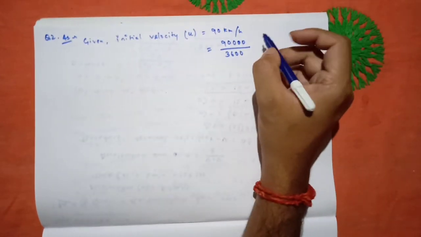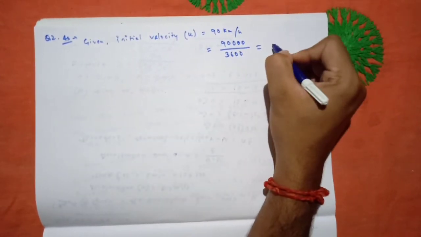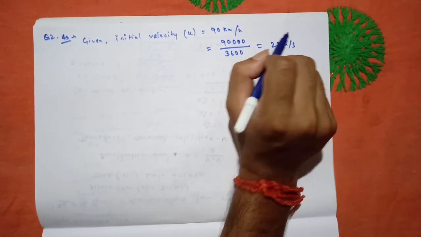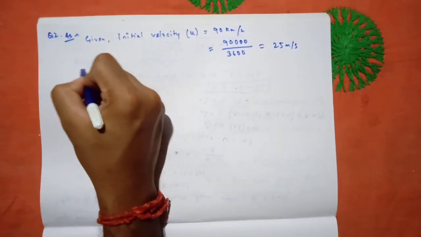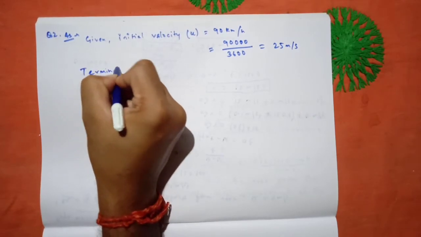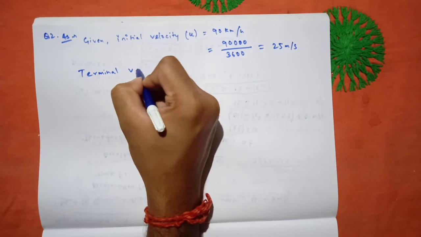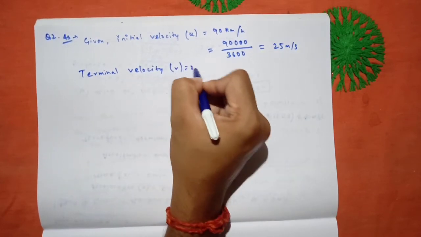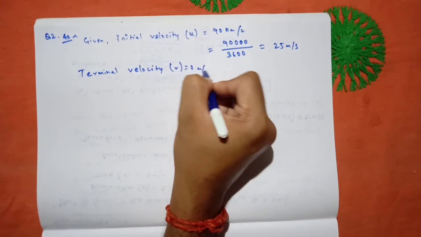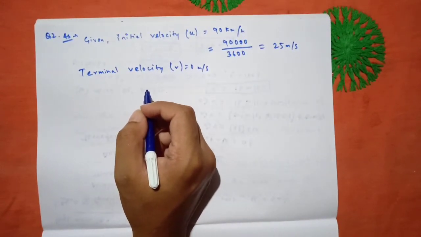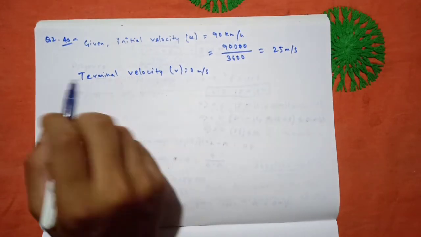So this will come up as 25 meter per second. Got it? Now the terminal velocity v is 0 meter per second, because the train is brought to rest.